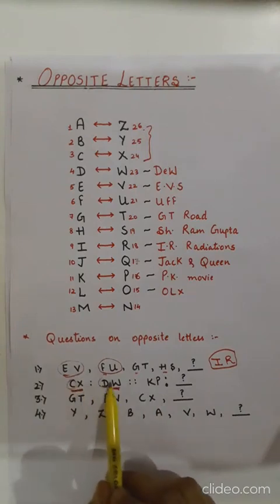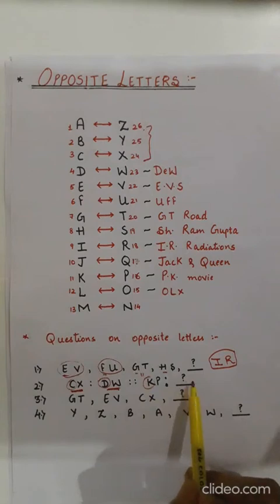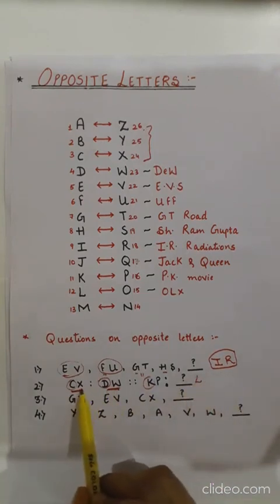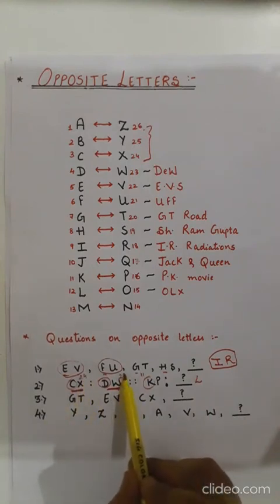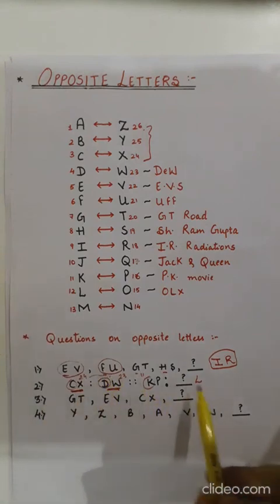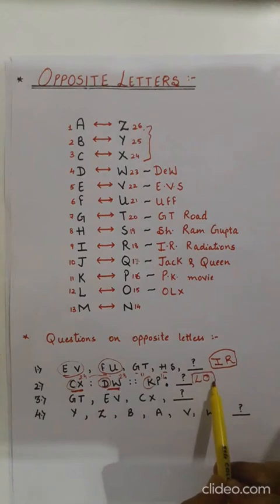After C there is D. So after K there will be L, since K is 11 and 12 is L. Now we can see that X is 24 and W is 23, means subtraction, minus 1. So P is 16 and minus 1 is 15, and 15 is O. We can see that again they become opposite letters of each other, that is OLX pe bech dal.